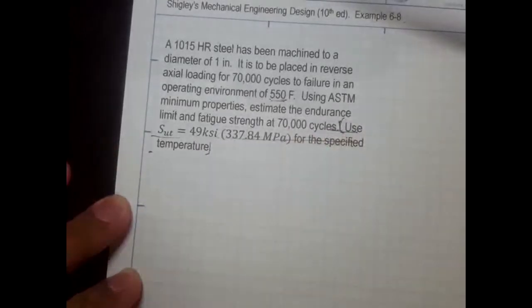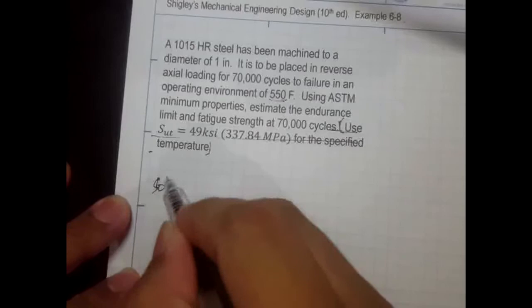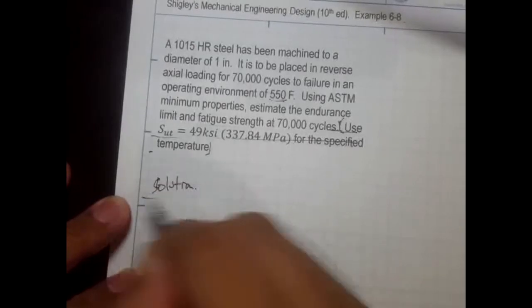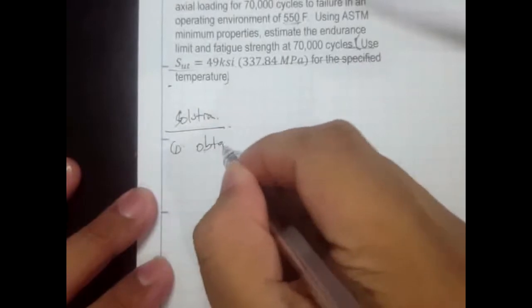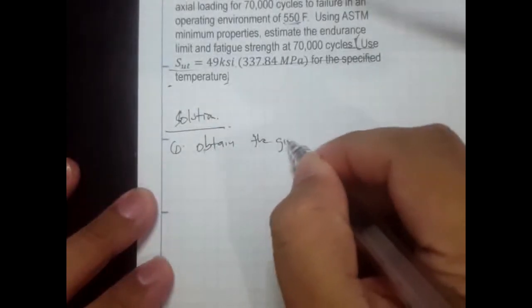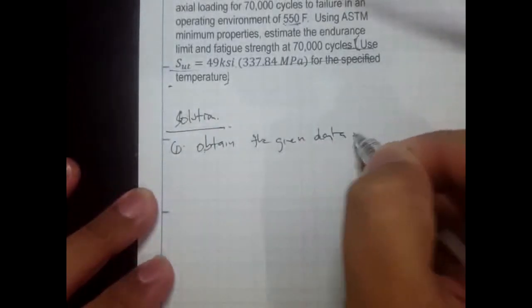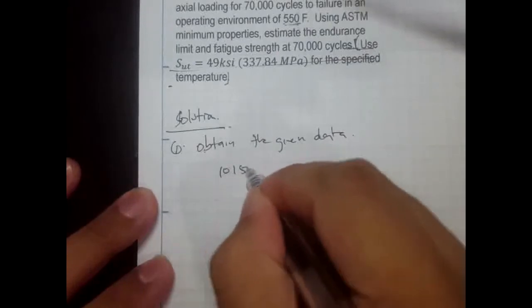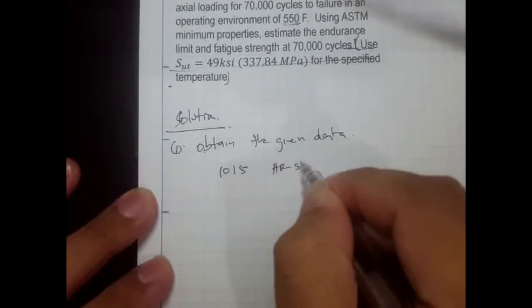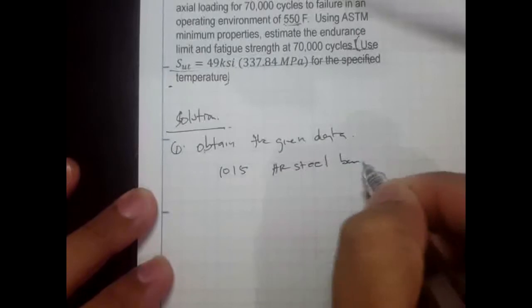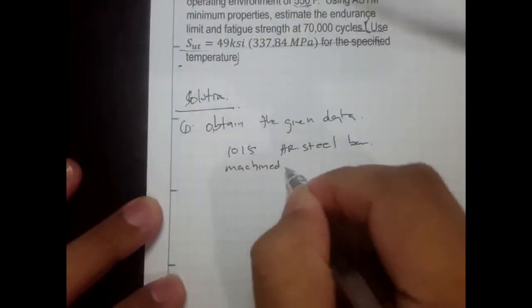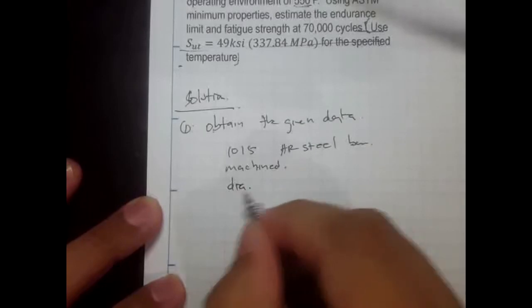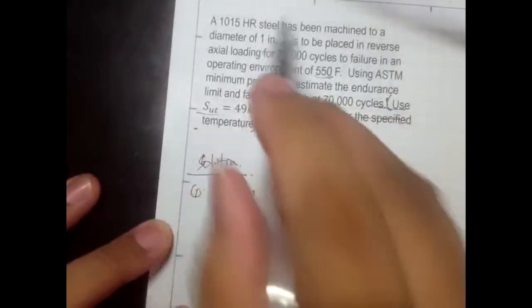Right, so let's solve now. Now for the solution, let's obtain the given data. And the given data is we have a 1015 hot rolled steel bar, and the surface finish is machined, and the diameter says here is 1 inch.